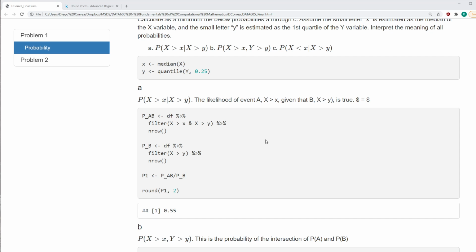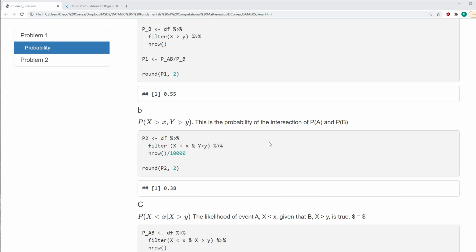Next, I get the probability of x being greater than the first quartile of y, and I count the rows, and from there I'm able to divide probability of AB divided by probability of B, and I round that answer to 2 decimal places, and I get 0.55.